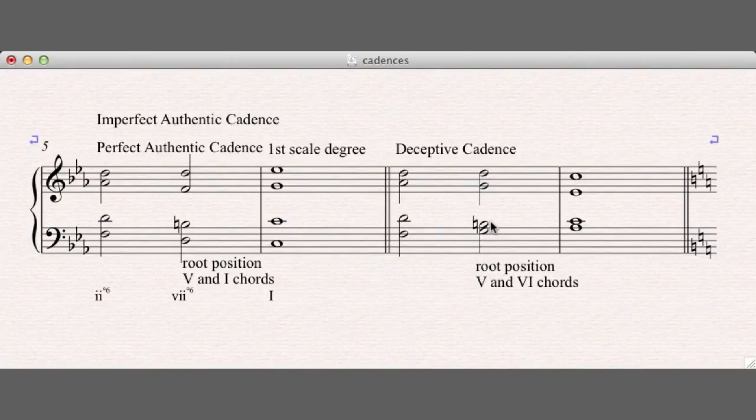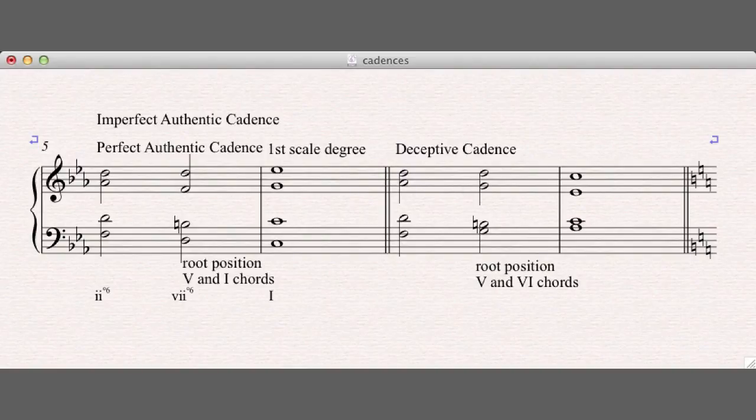So the solution is to simply double the third. Now, if you're not in a simple texture like this, you can often include non-chord tones, passing tones for instance, and you can completely avoid the augmented second, and get to a chord voiced with 2 roots, a third and a fifth. But that's not possible in this situation.